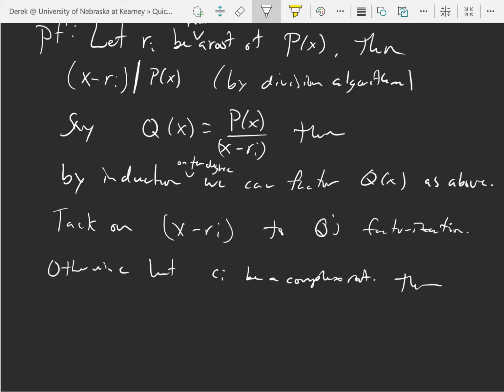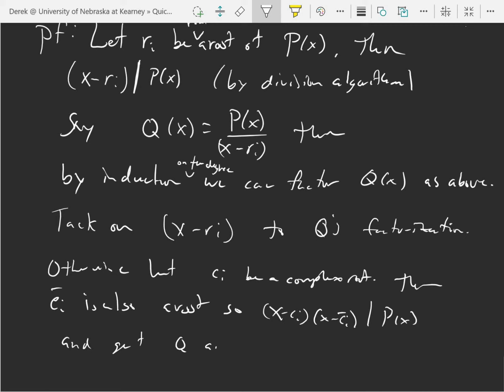Then c_i bar is also a root. So x minus c_i and x minus c_i bar divide p of x, and we get q and a factorization the same way.